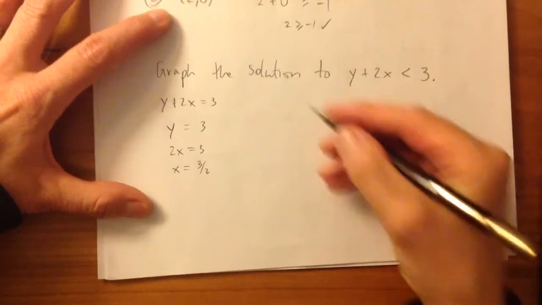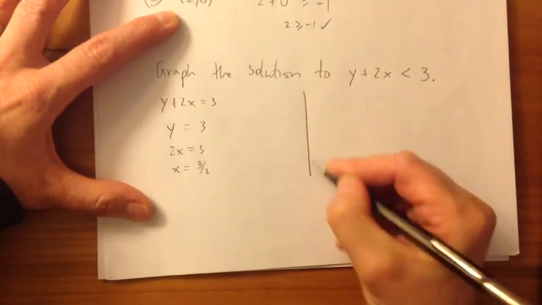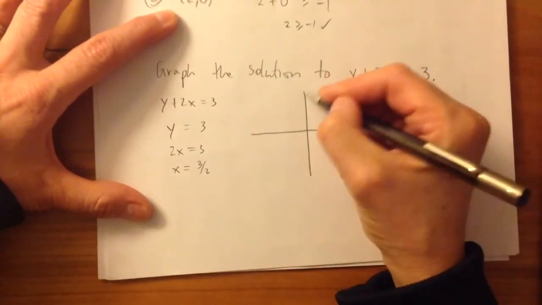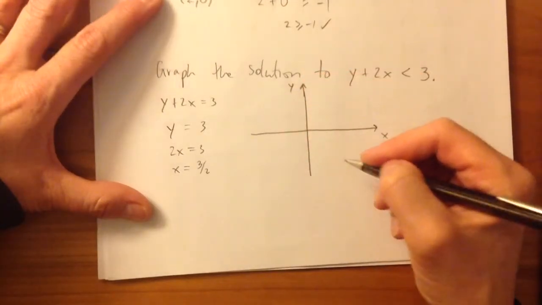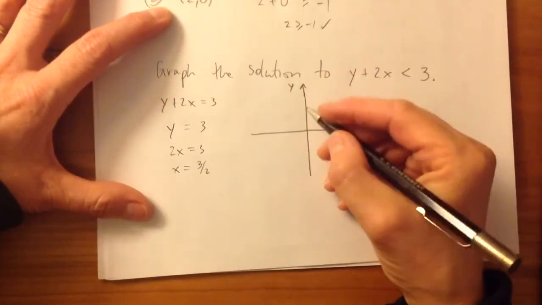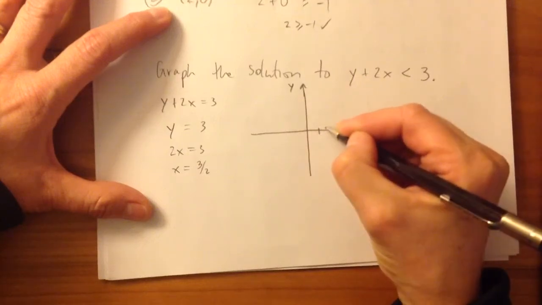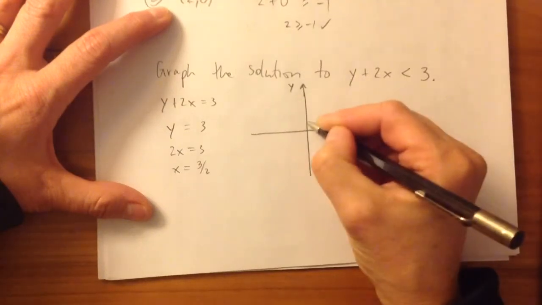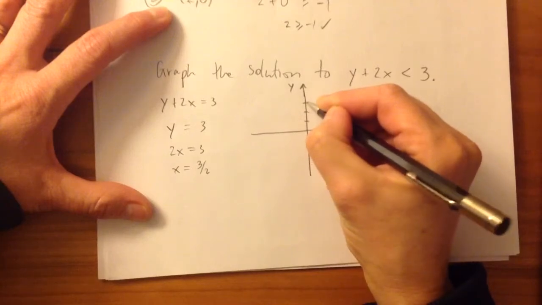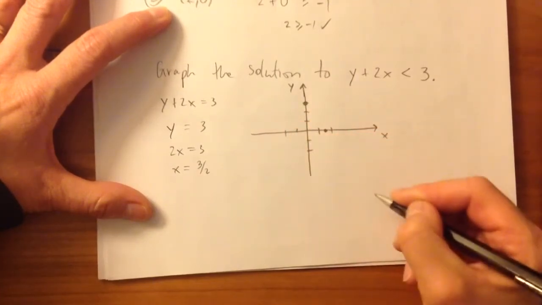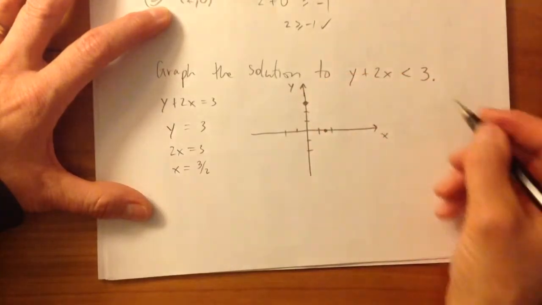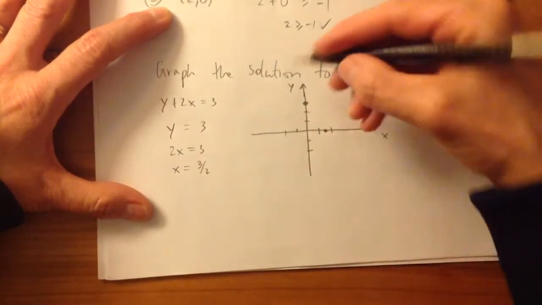All right, so plot these. Okay, so again, we're going to make this dotted since this is a strict inequality.